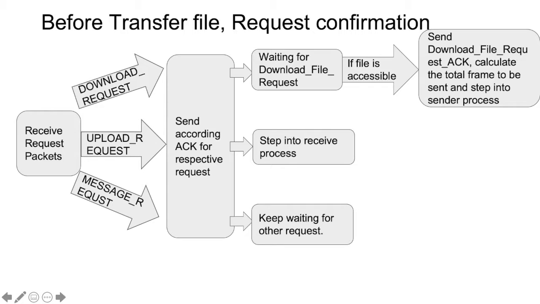For the upload request, the server will send back the acknowledge and then step into the receive process. And for the message request, the server will send back the acknowledge and keep waiting for other requests to tell it what to do next.